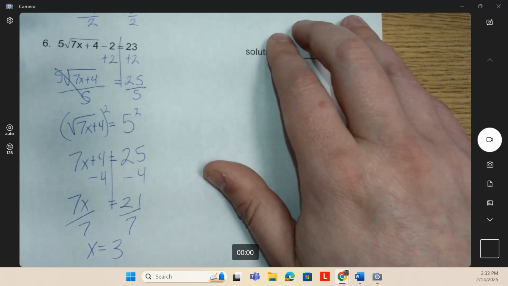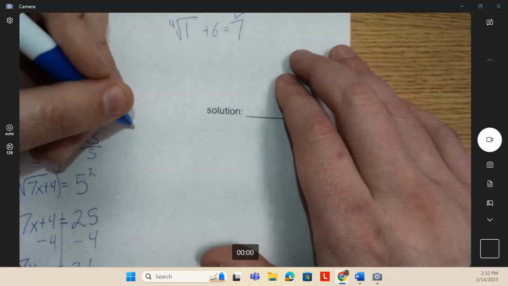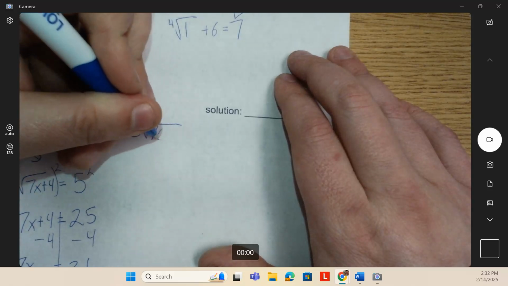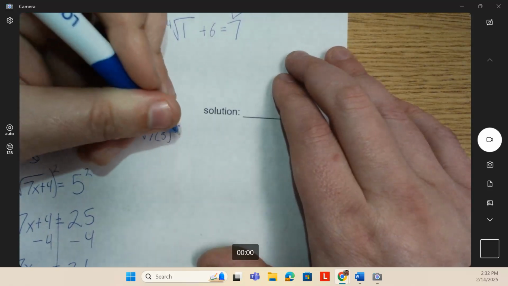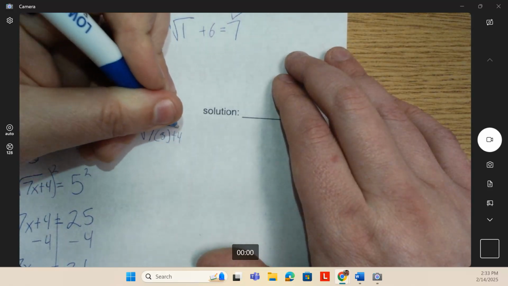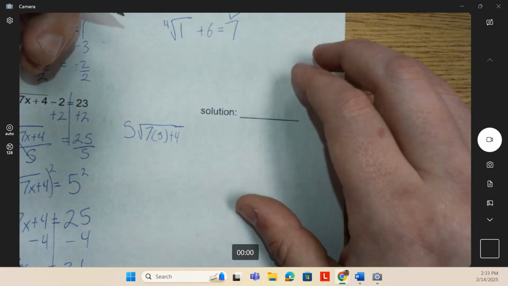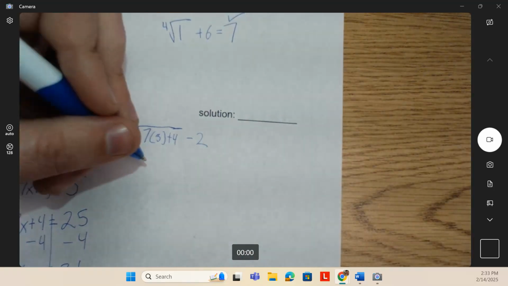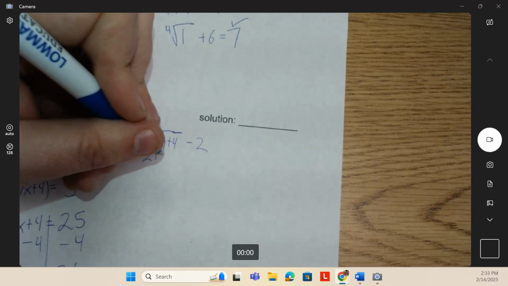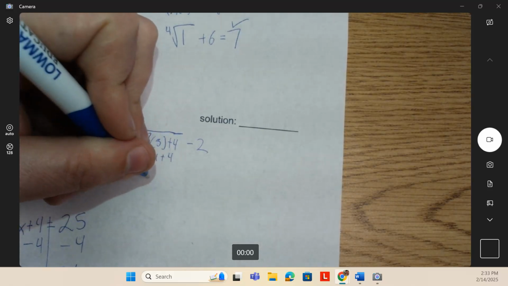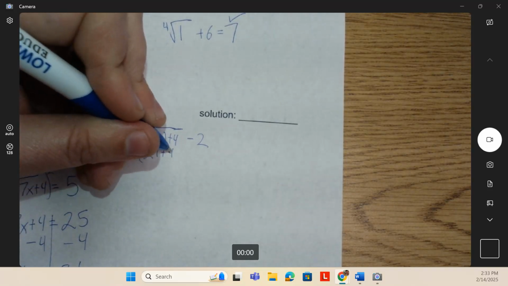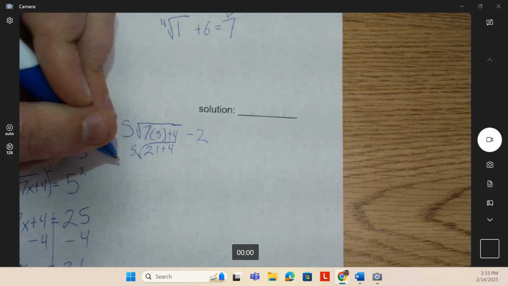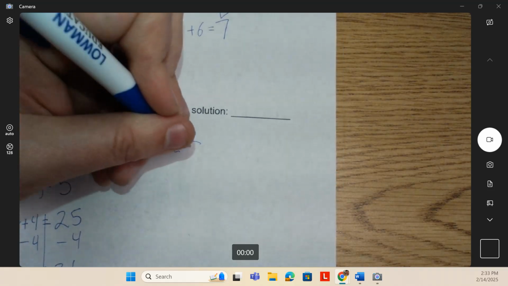So again, I've got x equals 3. We're going to plug it in. And again, I will say you can feel free to plug it into the calculator. It is just reversing the steps that you've done if you've done all your steps right. So I get 21 here plus 4. And then we're going to do the square root of that times 5 and minus 2.